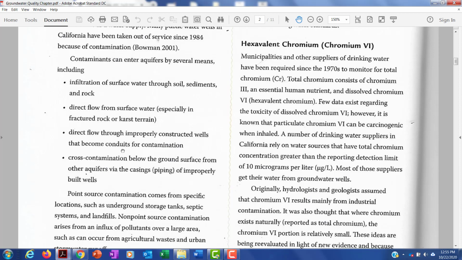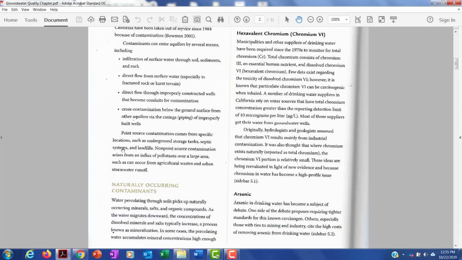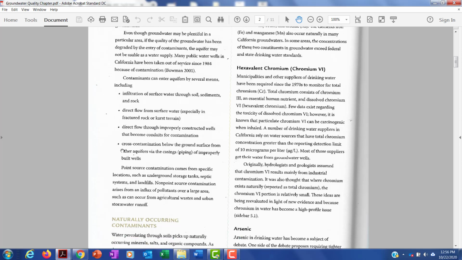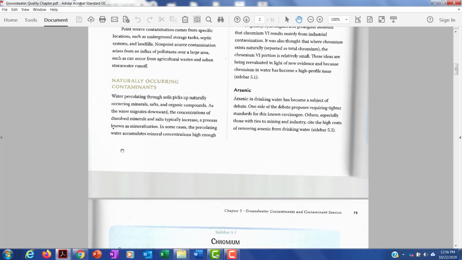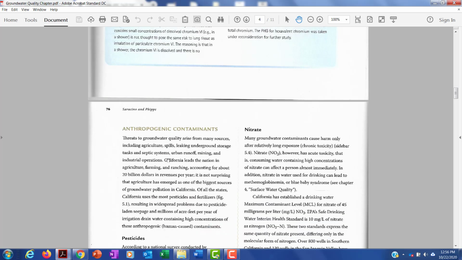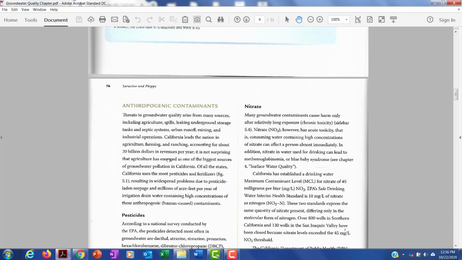So this paper, I think, does a good job of laying out the main contaminants that we're dealing with. And there are some important distinctions to be aware of. I don't want you to memorize the attributes of chromium and arsenic and all this information, but there are some categories of things I want you to be aware of.